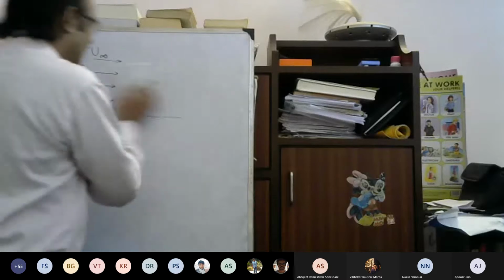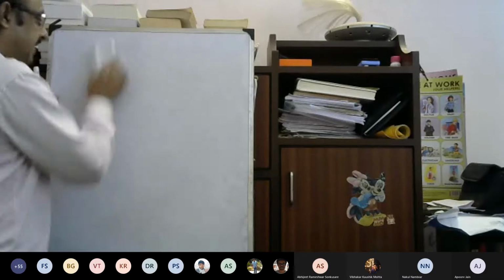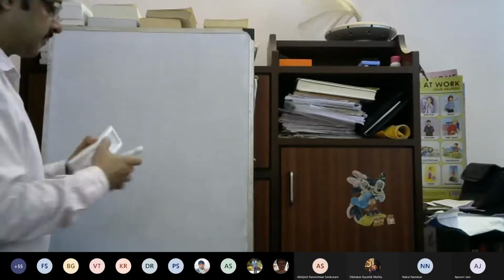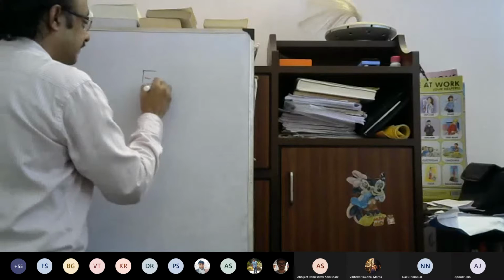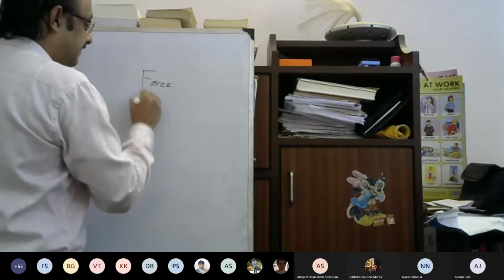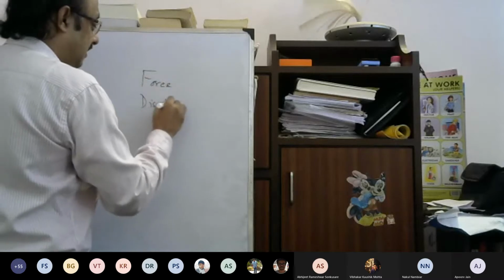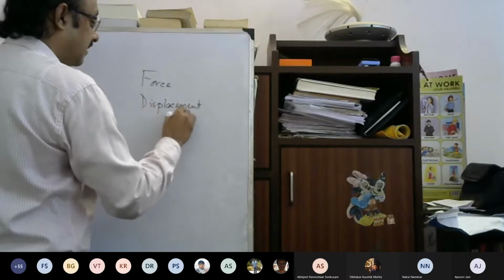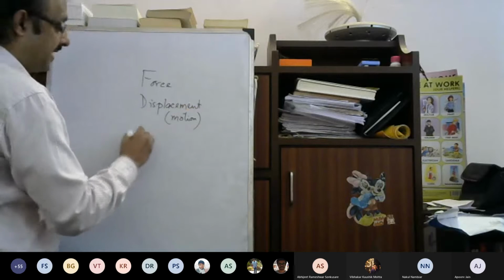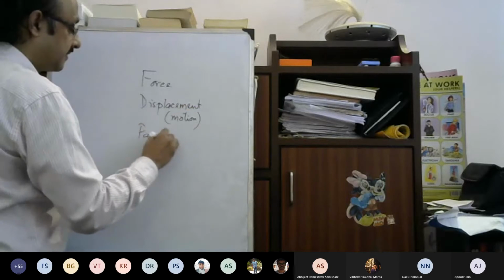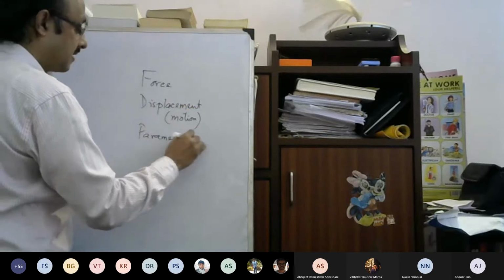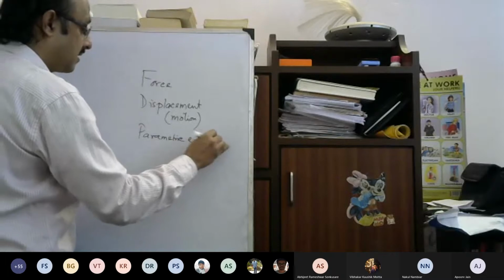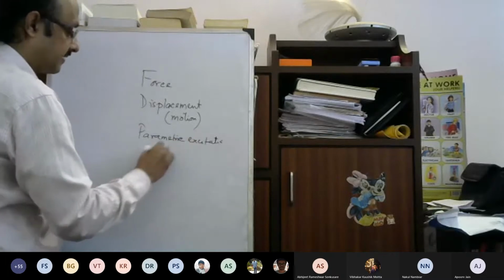Okay. So we have now chalked out 4 different types of excitation. One is the force excitation, displacement excitation, or the motion excitation, or parametric excitation, and self-excitation.